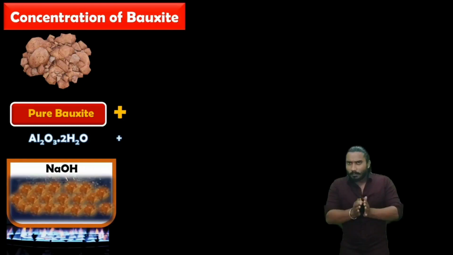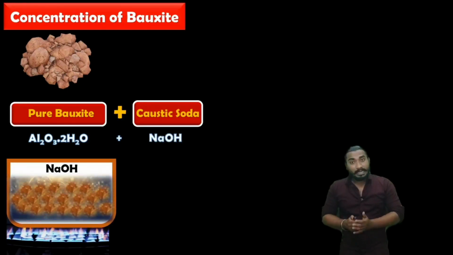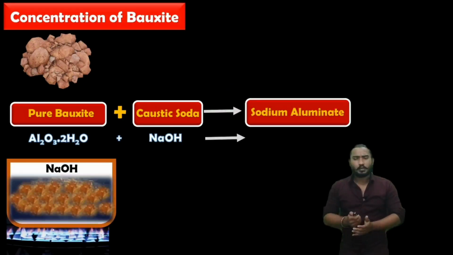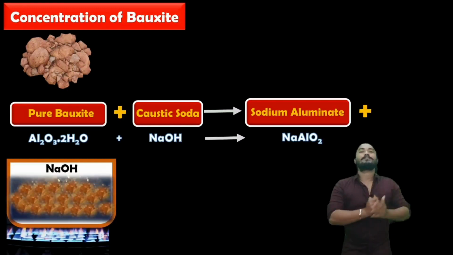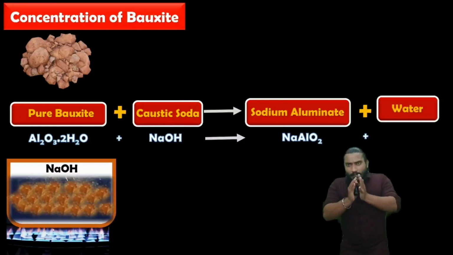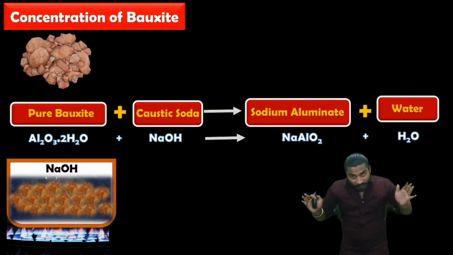So when this pure bauxite reacts with NaOH, that is caustic soda, it makes sodium aluminate. Now sodium aluminate has the formula NaAlO2 along with water.